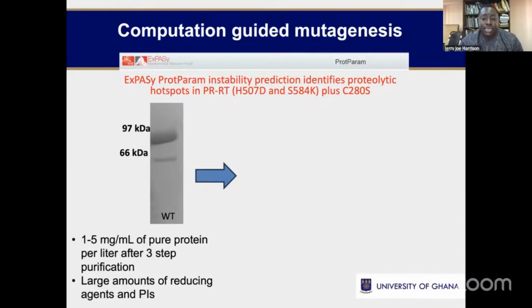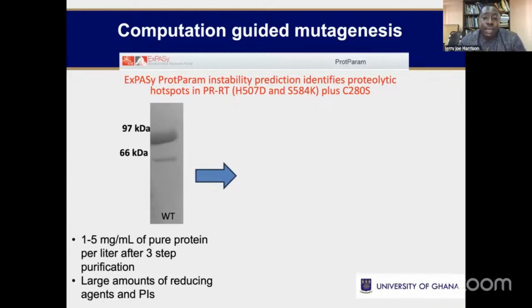So if I take amino acid 1, I will replace it with all the other amino acids, and then output an instability index to see whether we would find a place where others are more preferable. Thankfully, we found that at H507 and S584, these appear to be the hotspots from the computational perspective.